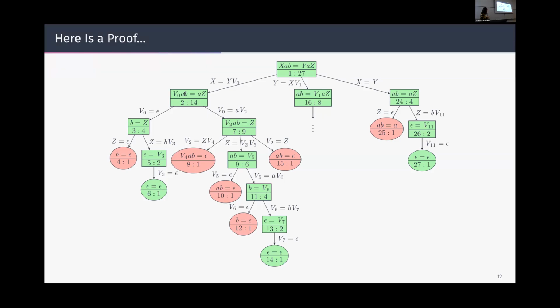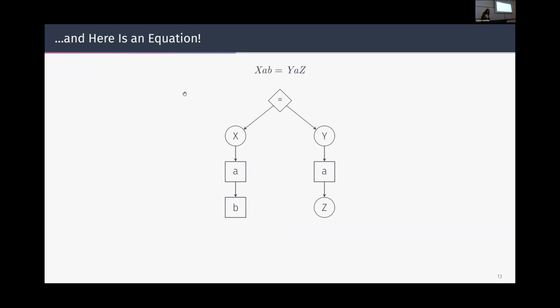Now that we have this, we also need a way to represent a word equation, because as I said, it's a GNN, so it works well with graphs as an input. We could have just given the word equation like that, but it's more efficient if we give it in a graphical way.